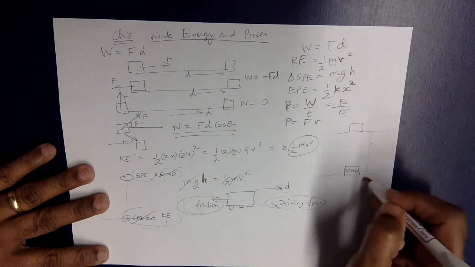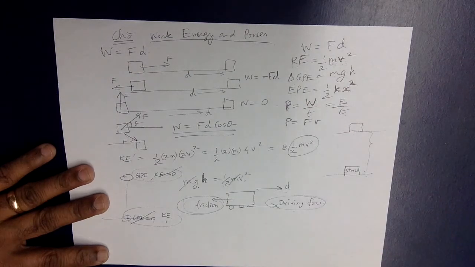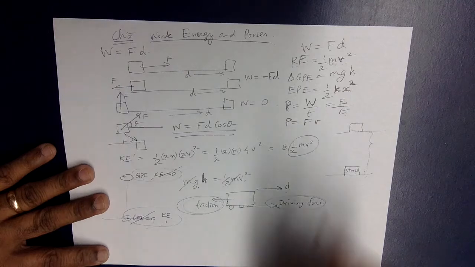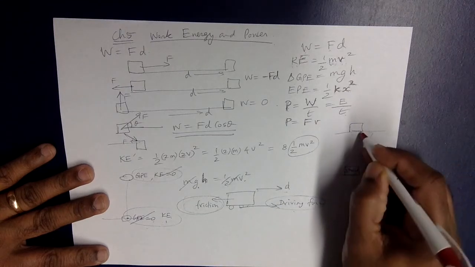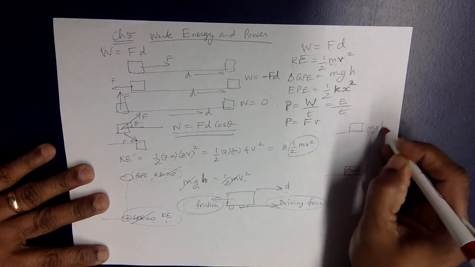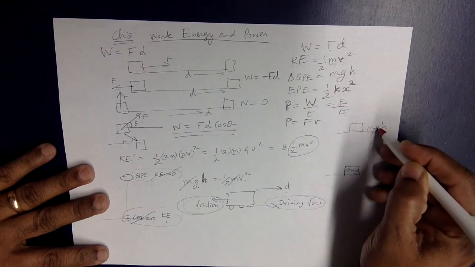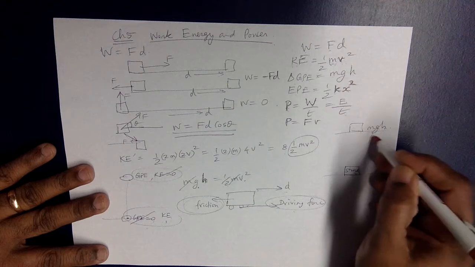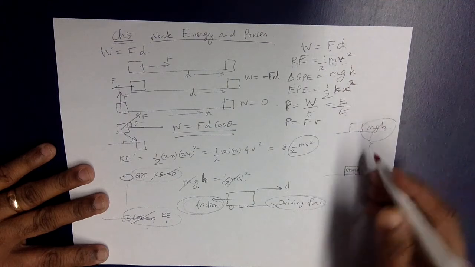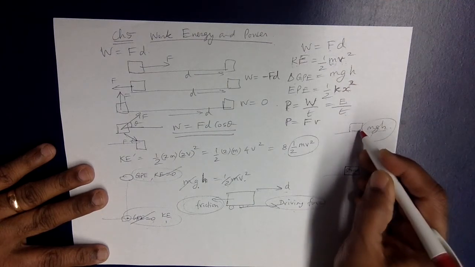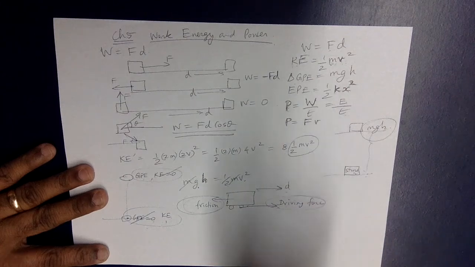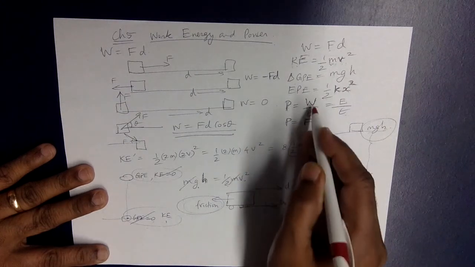And if I give you a certain height, can you find out how much work is required to take the stone over there? All you do is, the stone is going to gain GPE, that means mgh. So if I give the mass of the stone, and if I give the gravity, multiply by height, that will give you the potential energy. So how much potential energy did this gain? That much work you have put in. So that is the work.